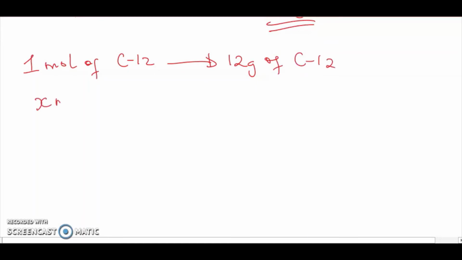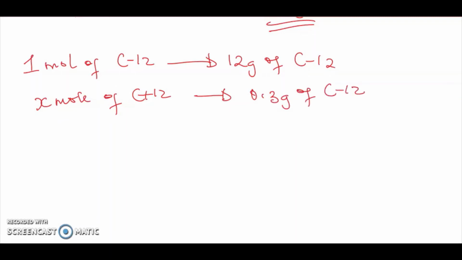So X mole of carbon-12 will contain 0.3 grams of carbon-12.